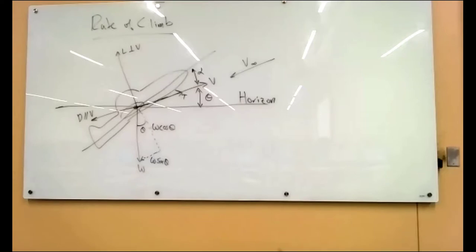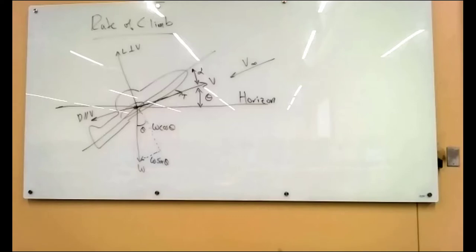This is not so complicated that we can't just look at the force balance ourselves. It looks like lift is going to balance out W cosine theta, so it's going to carry part of the weight. But thrust has to counteract the drag as well as that W sine theta part. So there's part of the gravity vector acting backward in this case.